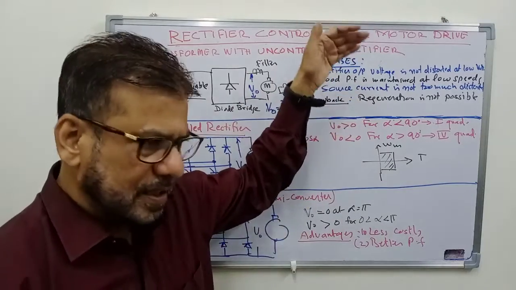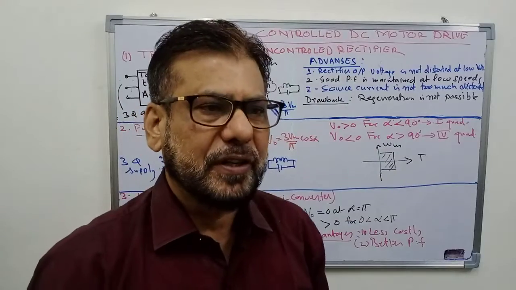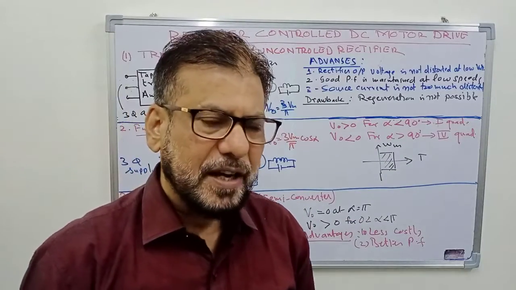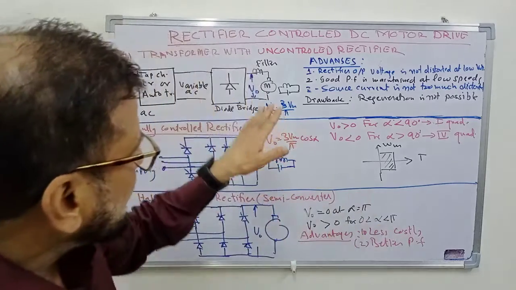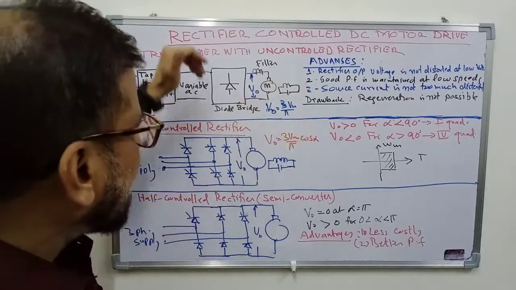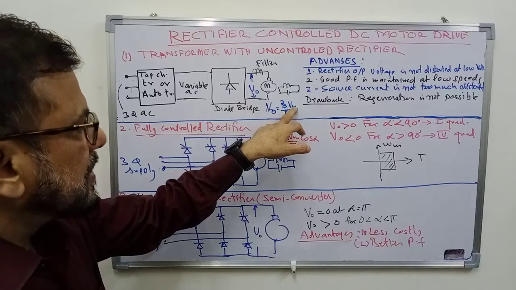This is unlike the controlled rectifier, where the output voltage waveform gets distorted. At low voltages, we need to make the firing angle high, and that distorts the voltage wave shape. So the voltage received by the motor here will be identical, whether it is a high voltage or low voltage. The only thing is that the value of Vm will change.